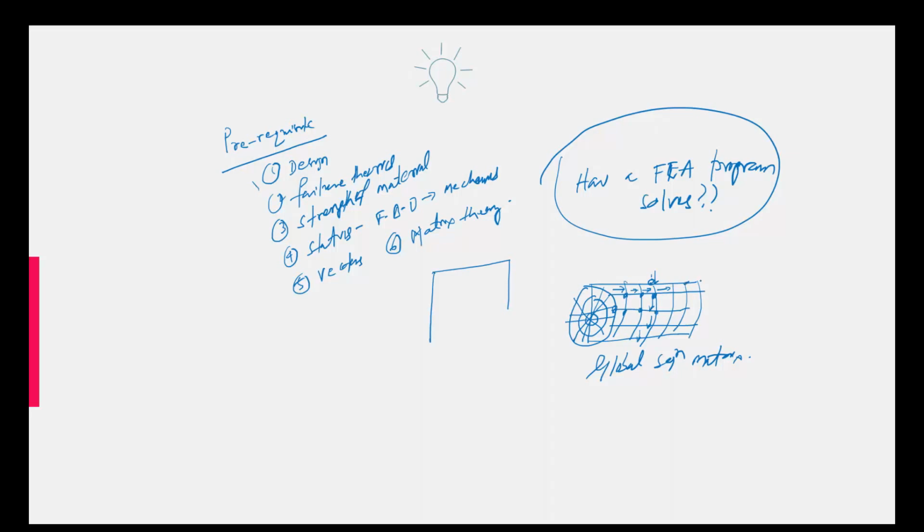If you look at a particular element, it has four different result data, and you can get the average of element 1 result plus element 2 plus element 3 plus element 4. Over this region you can get the result, and like that, if you go for the average node result, node 1 plus node 2 plus node 3 plus node 4, etc., over this particular area, then also you will get the average result.